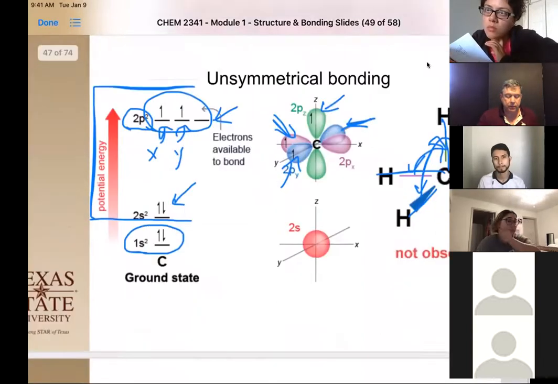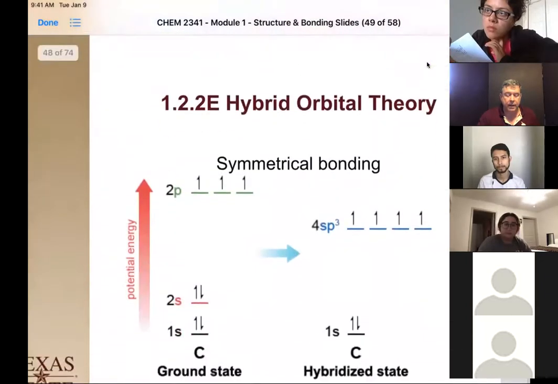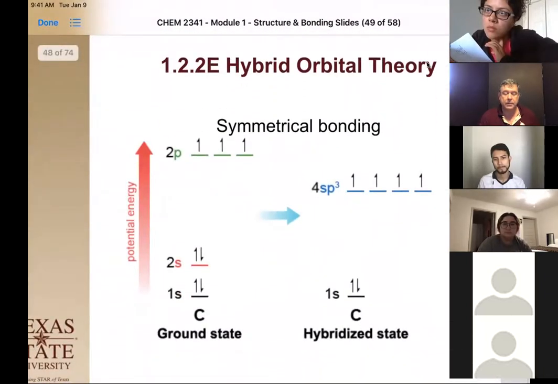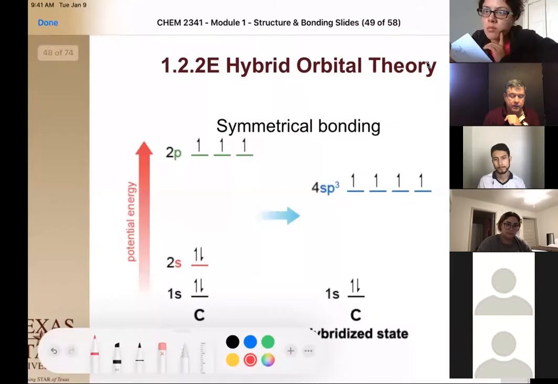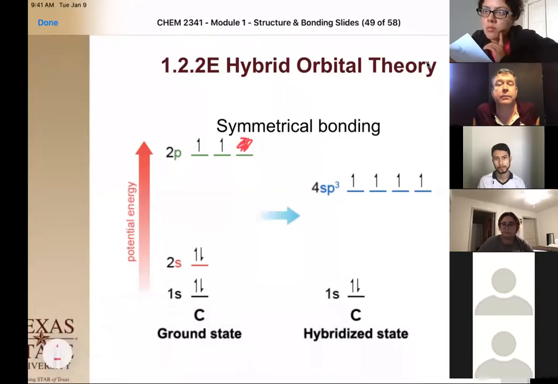And so what we do is, instead of having those individual orbitals set aside like that, there's actually an extra electron here. Don't pay attention to that electron. In carbon, we have 4 electrons in our valence shell.